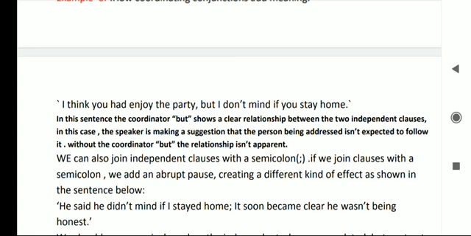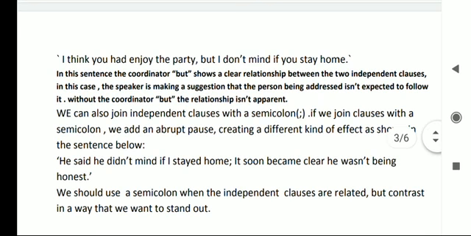In this sentence, the coordinator but shows a clear relationship between the two independent clauses. In this case, the speaker is making a suggestion that the person being addressed isn't expected to follow. Without the coordinator, the relationship isn't apparent, right?